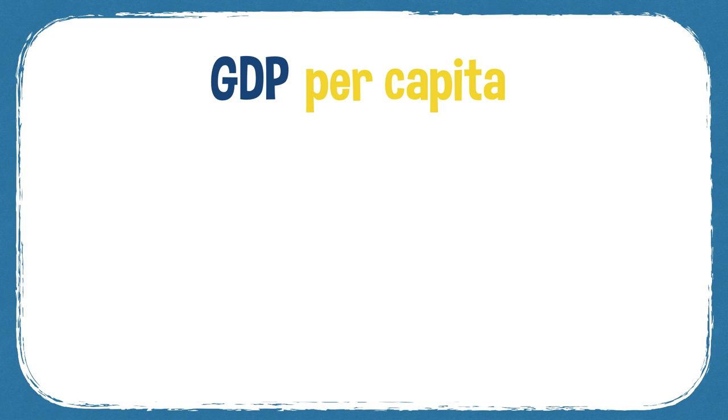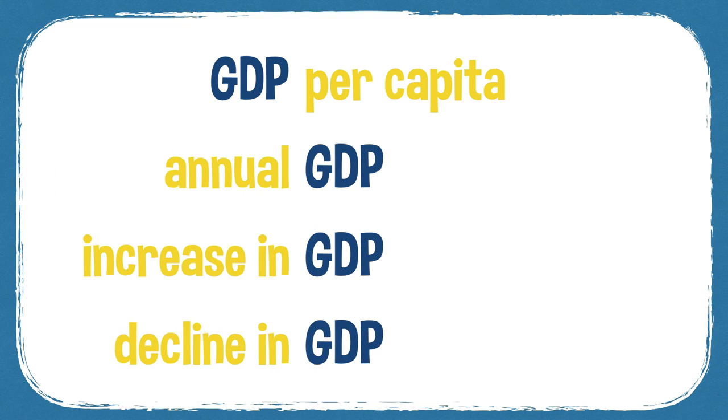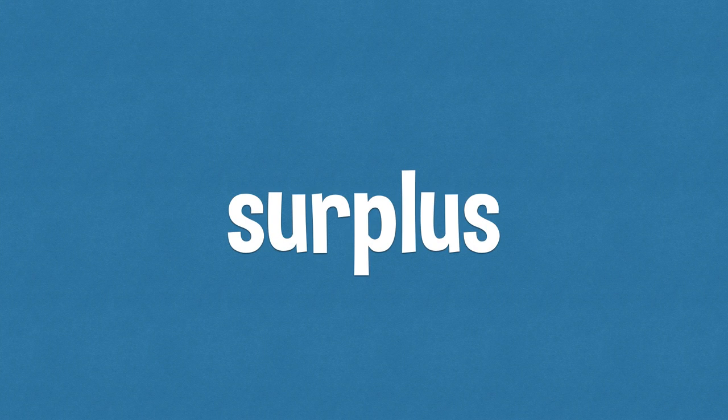Capita is the Latin word for head, and it means really per person. Annual GDP, increase in GDP, and a decline in GDP. There are no synonyms. You could use the synonym wealth, perhaps, but it's not. GDP is a very specialised word, so not really any synonyms there.